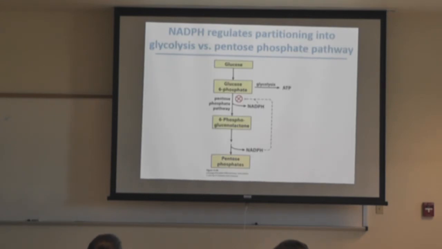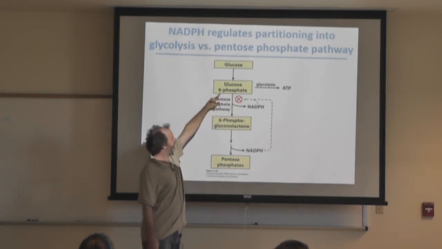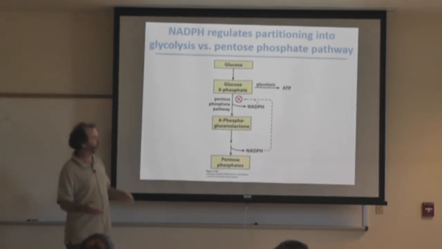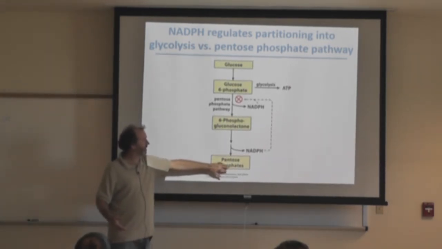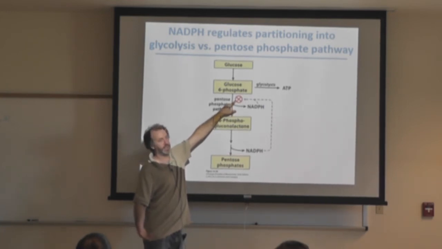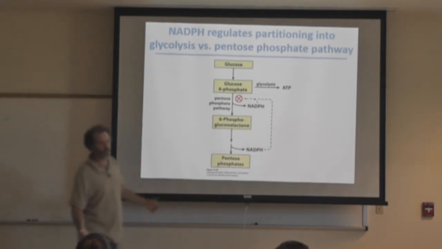So NADPH regulates partitioning into glycolysis versus the pentose phosphate shunt. If you have a lot of NADPH around, it's going to block using the glucose 6-phosphate in the pentose phosphate shunt. Because unless you need pentose phosphates, high levels of NADPH are going to inhibit producing more NADPH, right?